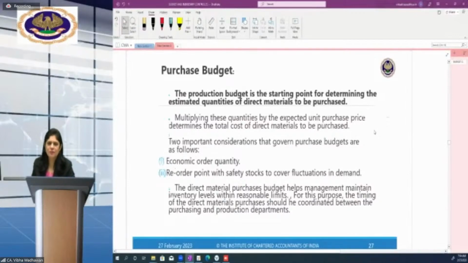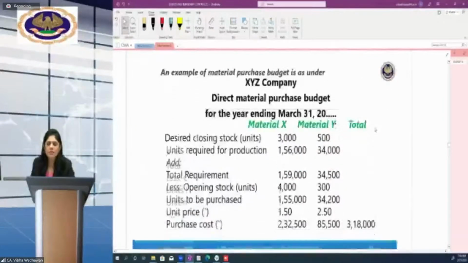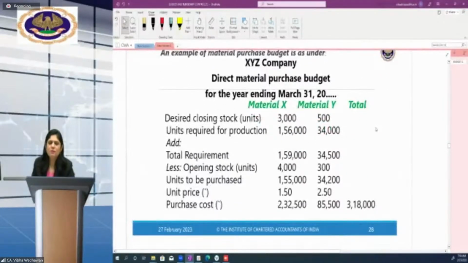This is the brief format of the purchase budget: the desired closing stock and units required for production. Whatever the material consumption is, plus whatever material we wish to keep as closing stock, is the total requirement for the whole budget period, less whatever stock we already have. The rest we have to purchase. We'll be doing questions to understand it better.